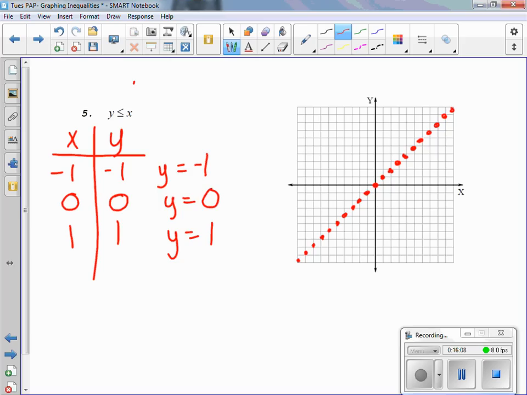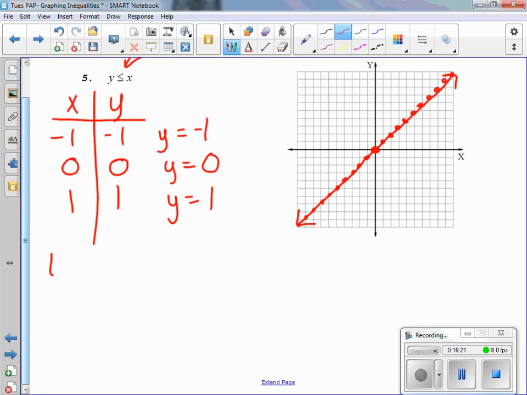From there, I did notice that it is an equal to, so it should be a solid line. And picking 0, 0 this time is not going to help me because that's actually on my line. So when I do my test point, I just need to choose something else. So I'm going to choose -1, -1 right here.